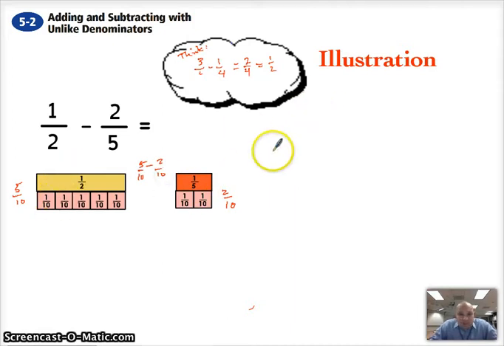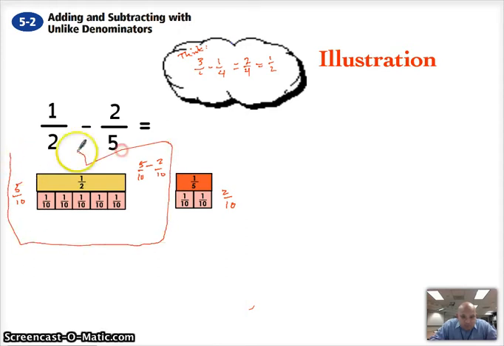In this case, it makes it a whole lot easier. Now I'm just going to focus right here. 5/10 subtract 2/10. I take away 2/10, which is the same thing as 1/5, and I'm left with 3/10. So bottom line, 1/2 minus 2/5 is 3/10.